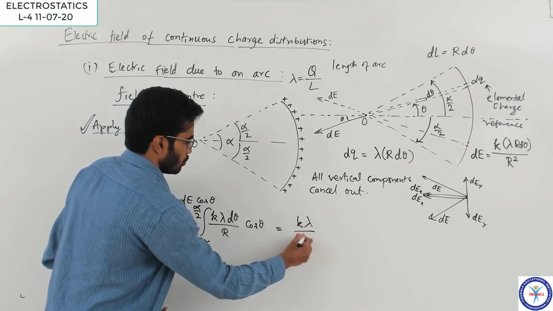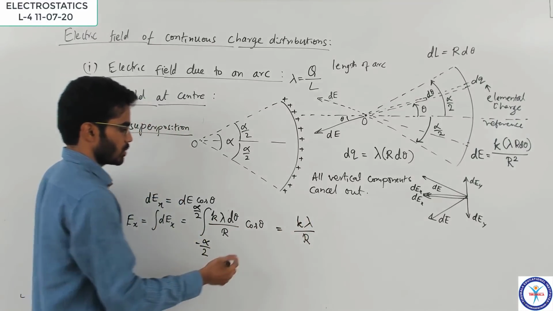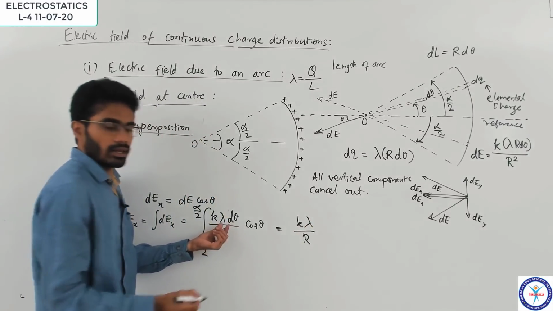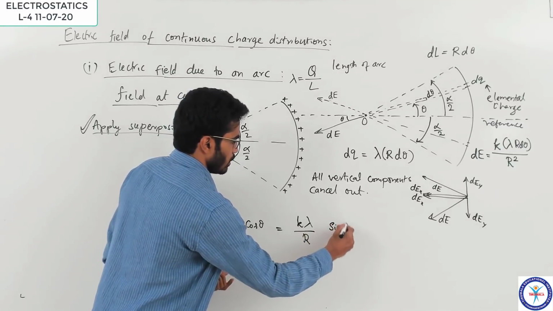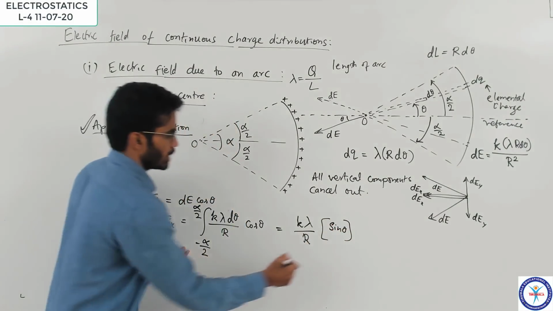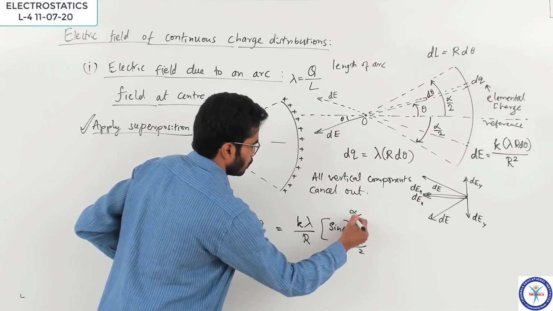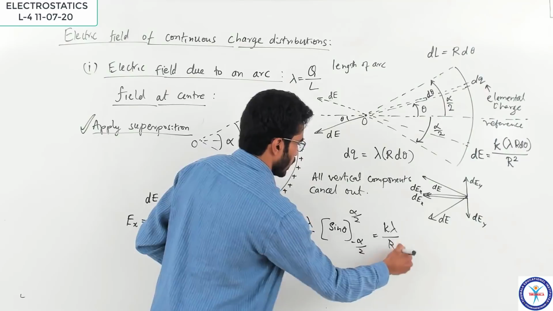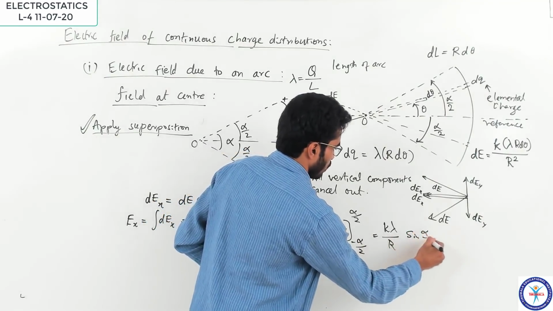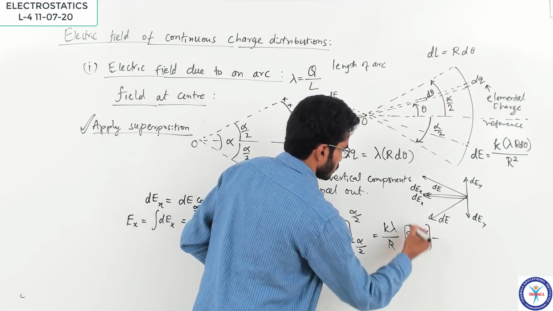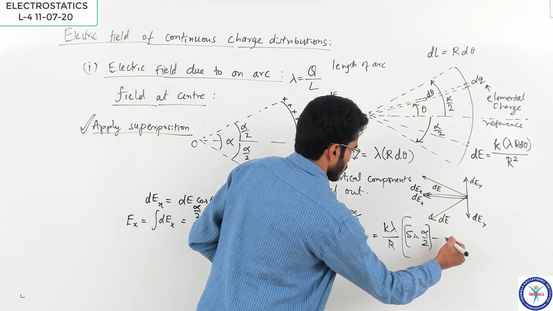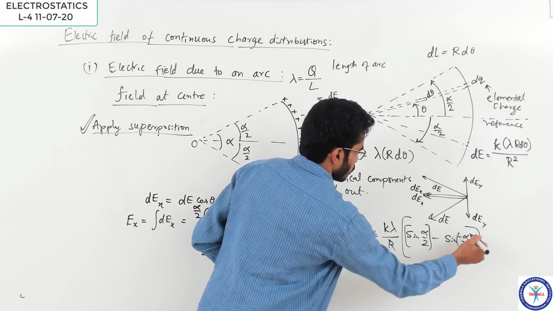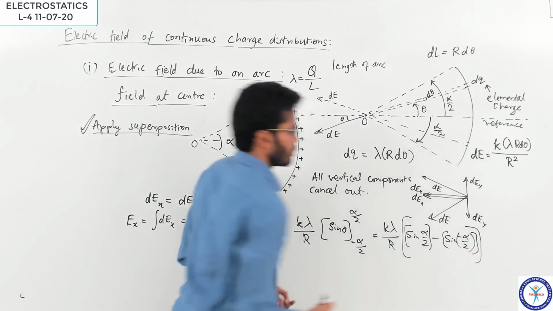Now let us do this. K lambda by r are constants. You can take them outside. Integral cos theta d theta is sine theta. So limits minus alpha by 2 to alpha by 2. So what will this be? K lambda by r times sine alpha by 2 minus sine minus alpha by 2, right?